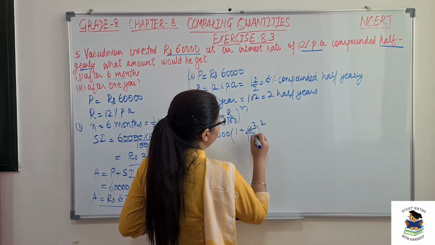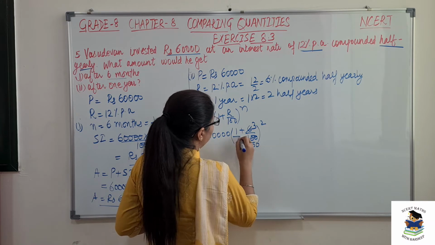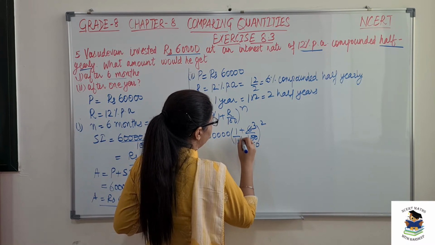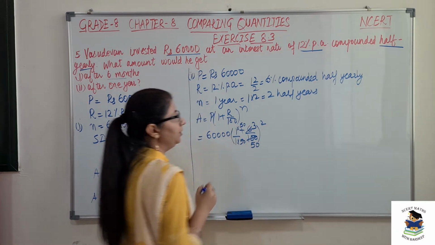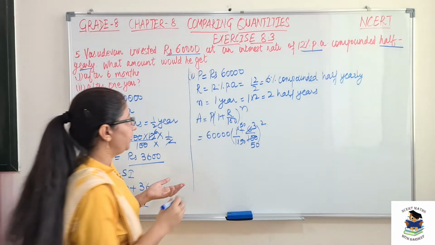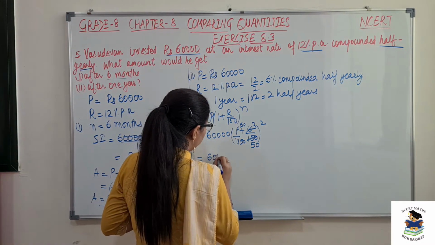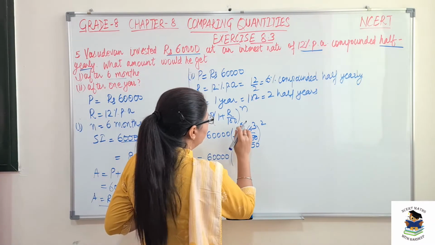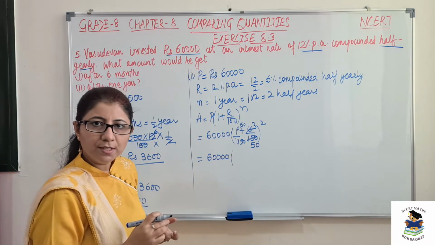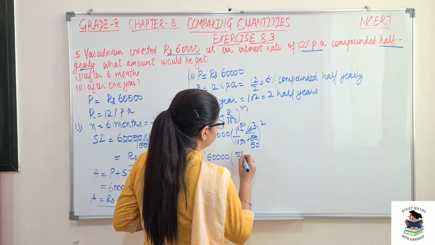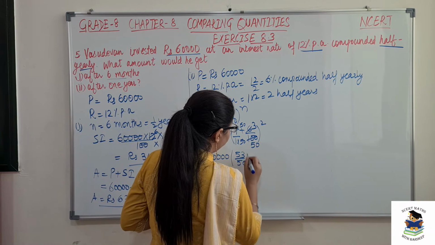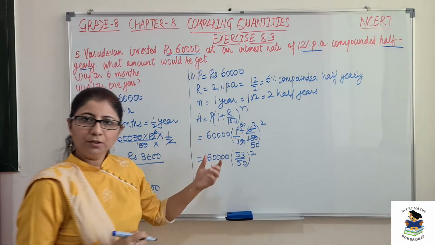So let's simplify this. This will be 50. When we take the LCM, we multiply both numerator and denominator by 50. So here it should be 60,000 into 50 plus 3, so this is 53 over 50 raised to power 2.